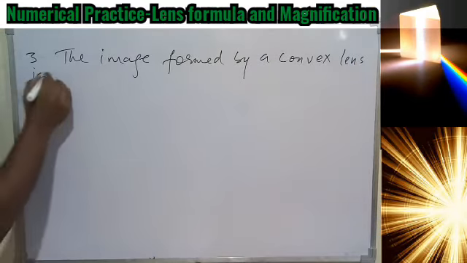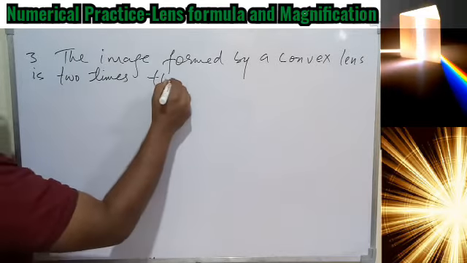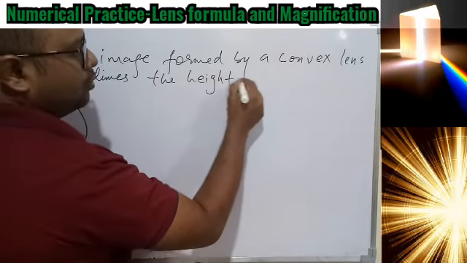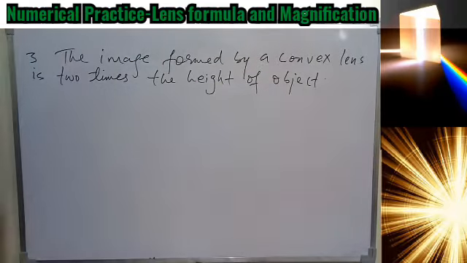is 2 times the height of object. This is given to us.